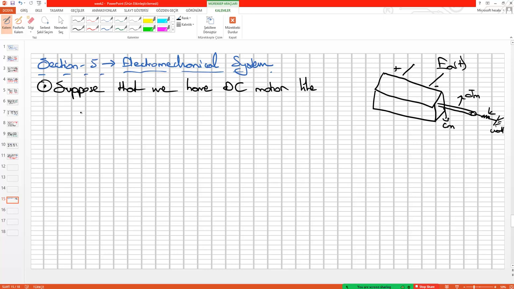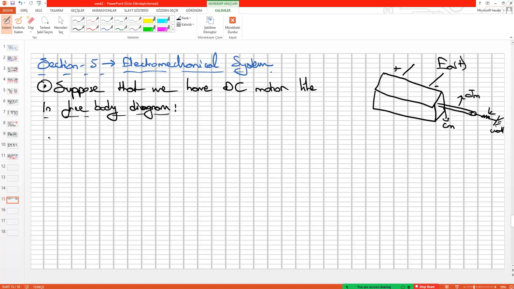Okay, but firstly we need to draw the free body diagram in order to analyze these things, because it's a combination of the electric and the mechanical system.